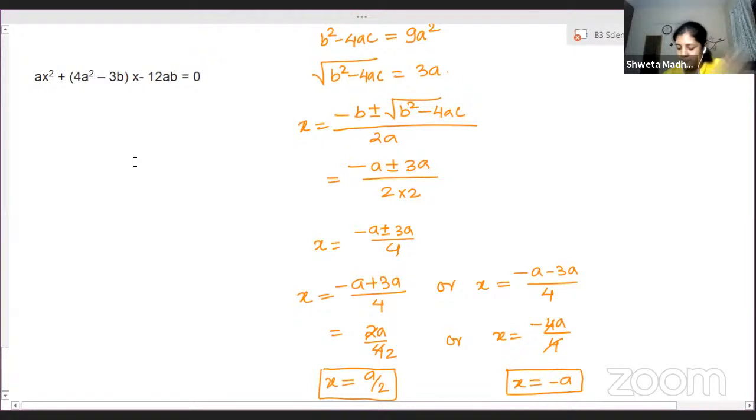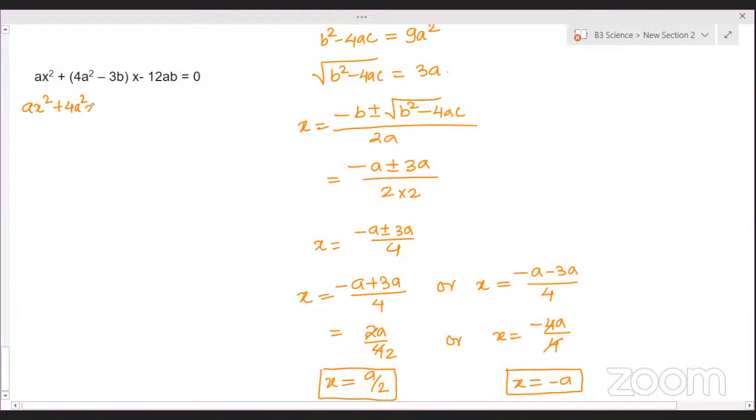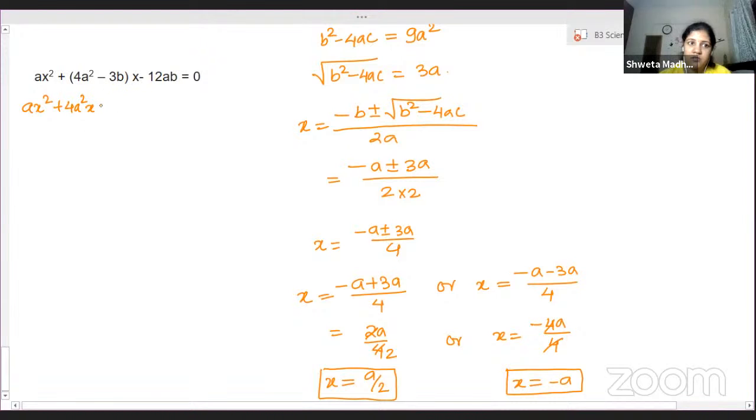Open the bracket. ax square plus 4a square x, x is outside here, minus 3bx minus 12ab equal to 0. And then factorize separately. Here we can take ax common. So it is x plus 4a, right?